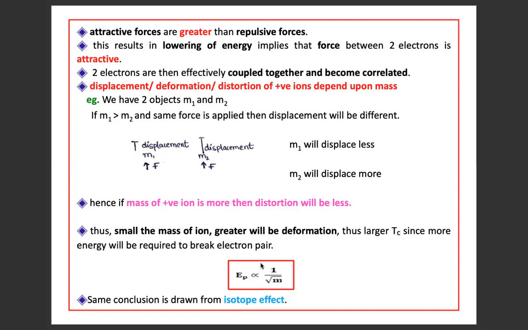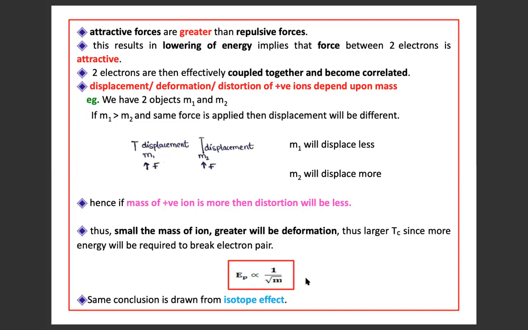We know that the energy of the phonon is related to its mass, as Ep is directly proportional to 1 upon root m. So the smaller the mass of the ion, the greater the deformation. Hence, a larger Tc will be required to break the electron pair. Larger Tc means more energy will be required to break the electron pair, and vice versa.